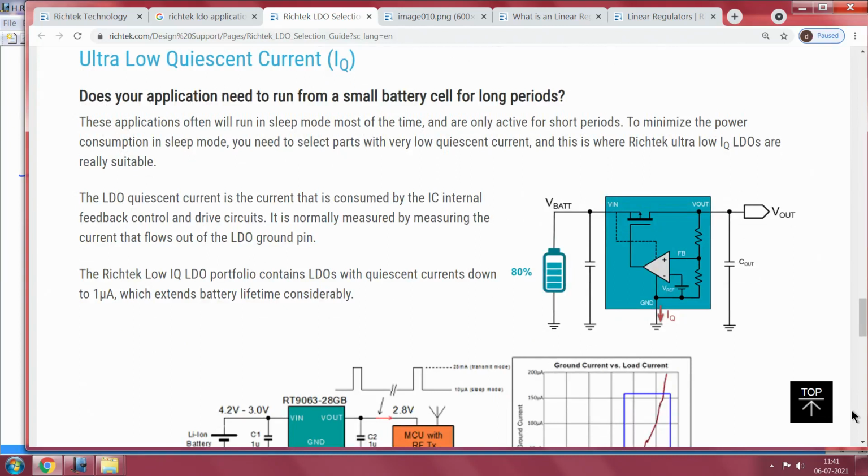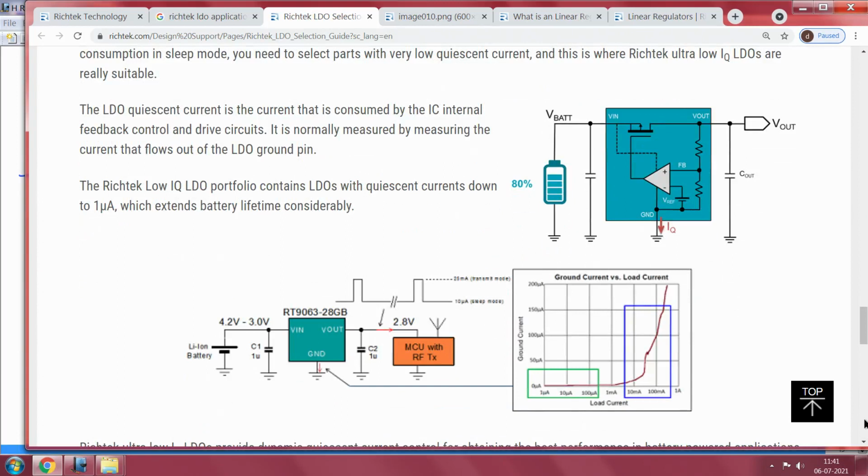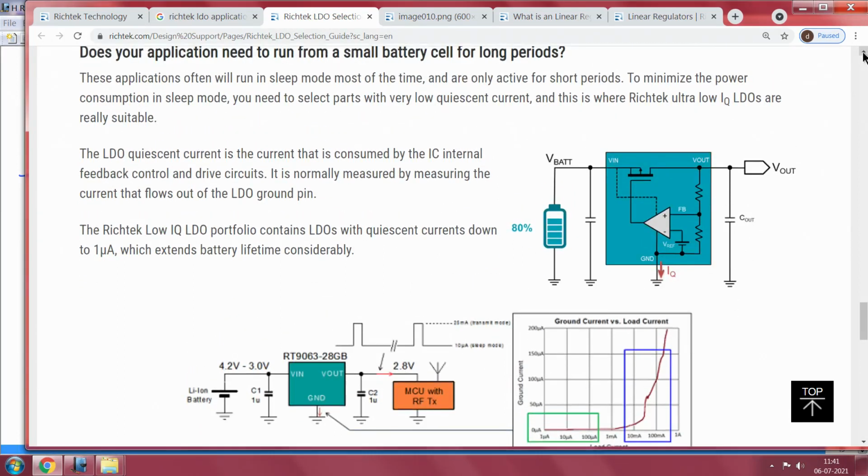Now I also mentioned to you the fact that LDOs should not consume anything at all. In fact, that is not possible, but very little current should be consumed, and here is an example of what this application note is telling us: LDO quiescent current is the current consumed by the IC internal feedback control, and it should be as low as possible.